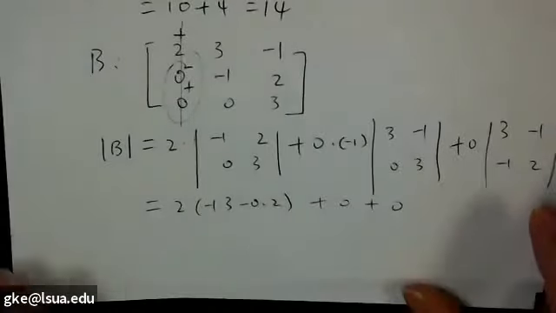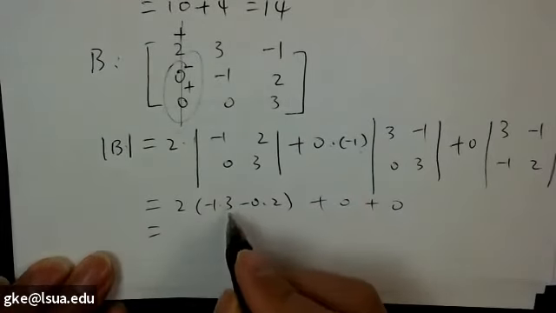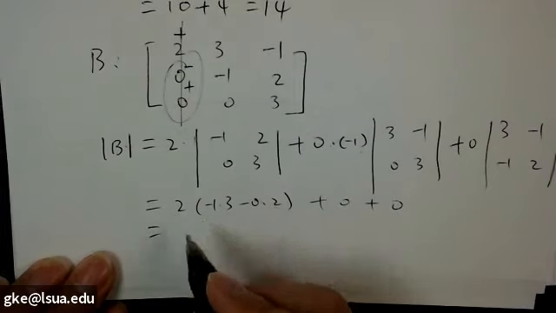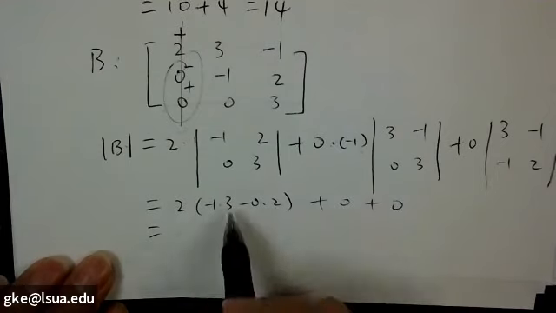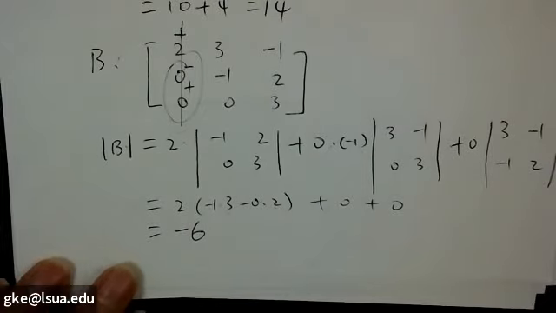Okay, that's the strategy. Okay, and this guy will give you negative 3, negative 2, negative 5, negative 10. Oh, sorry. So negative 3 times negative 2, negative 6. You're gonna get negative 6.